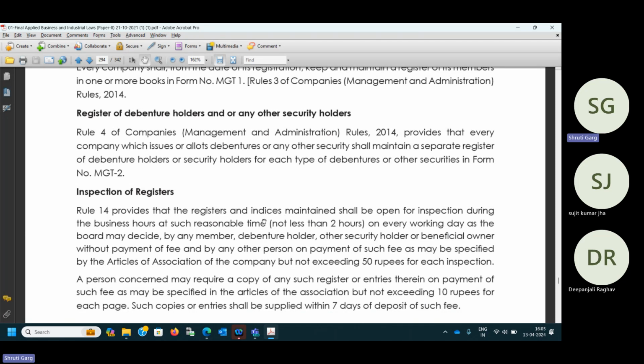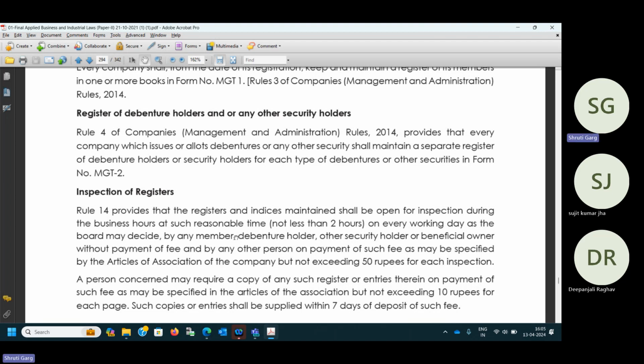Indices means indexes. Rule 14 provides that the registers and indexes maintained shall be open for inspection during business hours at such reasonable time, at least for 2 hours on every working day, as the board may decide.